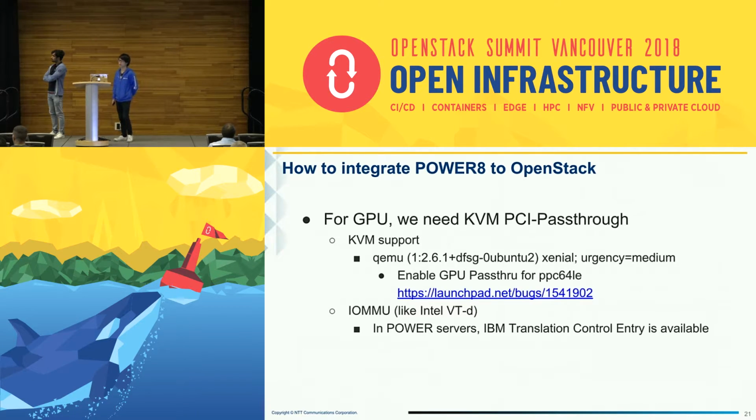In addition, GPU nodes require the KVM PCI pass-through feature. It needs KVM and IOMMU support. QEMU 2.6.1 or later supports Power GPU pass-through, and the Power server has the IBM TCE, translation control entry, as its IOMMU.